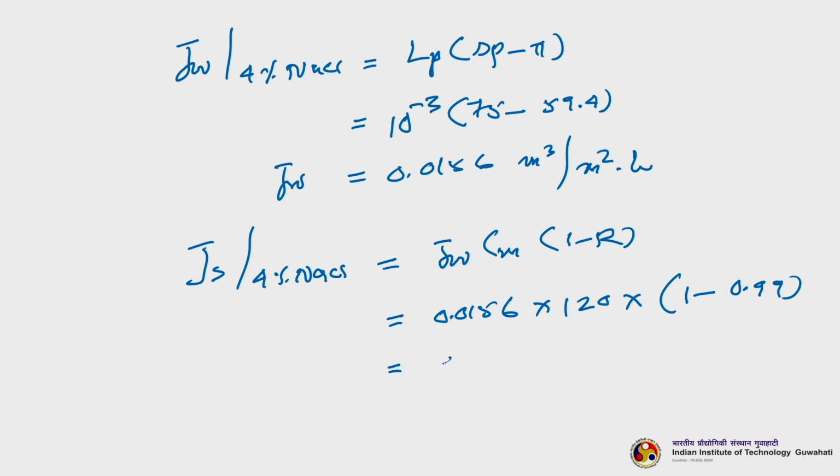So we will get 0.0187 kg per meter square hour. This is your salt flux for a 4% sodium chloride solution.